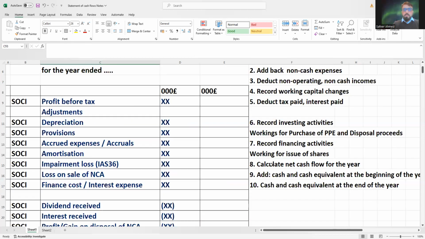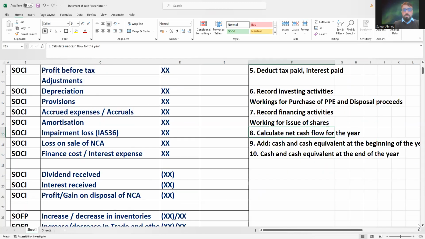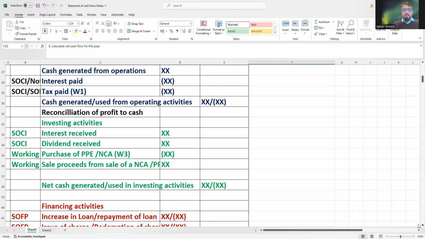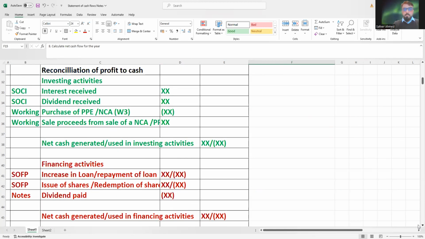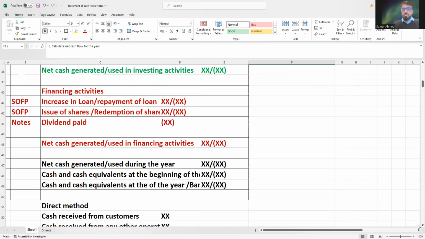So if you look at that, we have done the majority of the steps. Now we need to calculate the net cash flow for the year. How you do that is, the end product of each activity, you just add those three together.